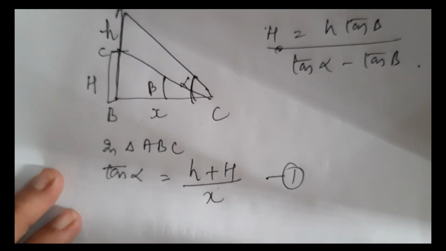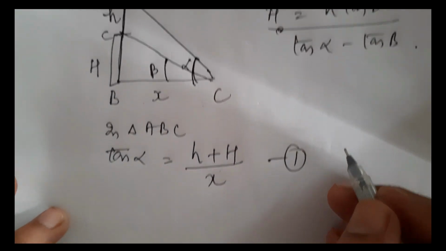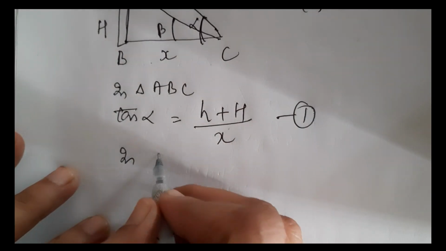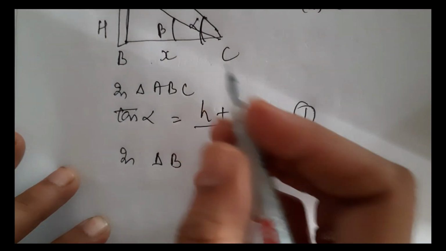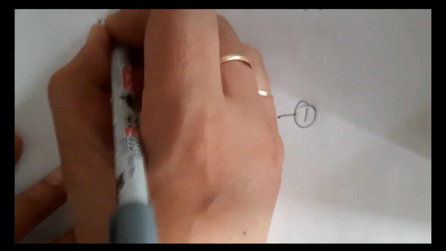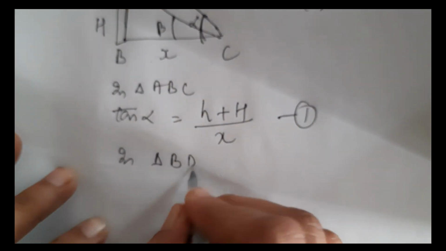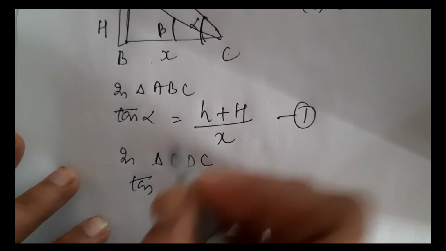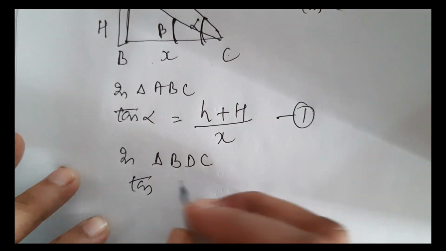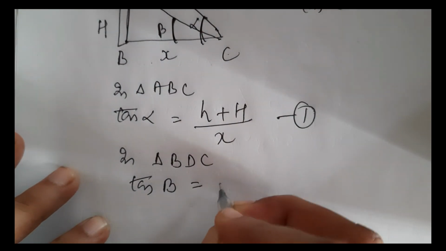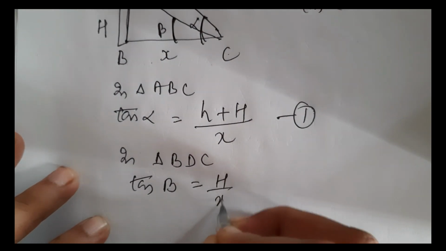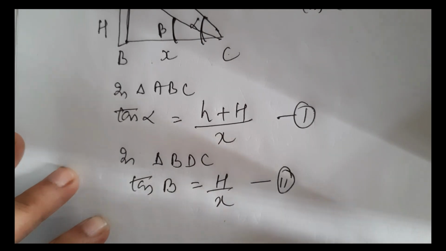Let this be the first equation. Now for triangle BDC, the smaller triangle, the angle is beta, so tan beta is capital H upon x. Let this be the second equation.